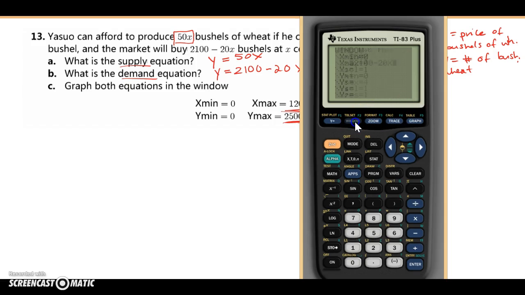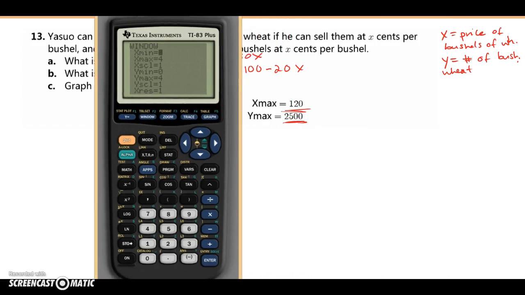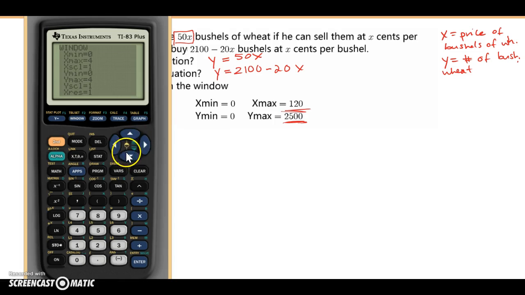I'm going to go to the window and use the window that they want me to use. So 0 for the x min, 120 for the maximum x, 0 for the y min, and the y max, 2500. I'm going to graph this guy.